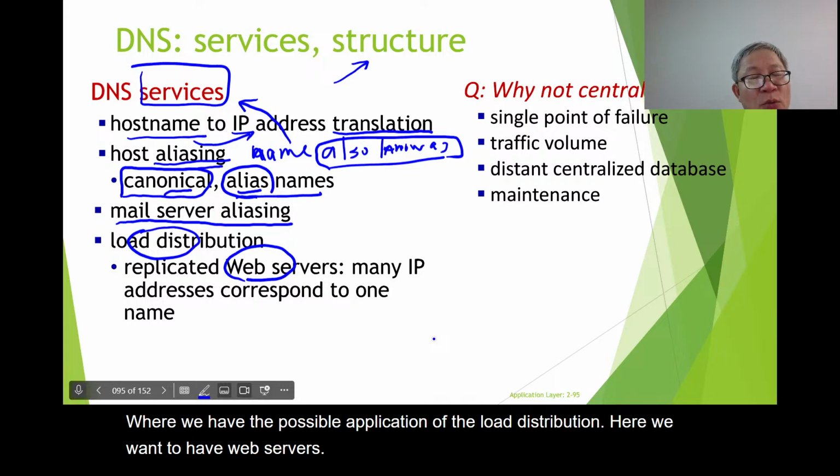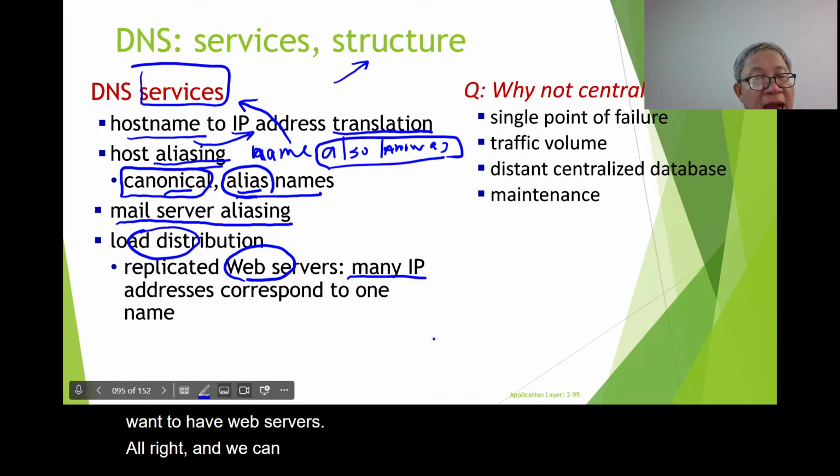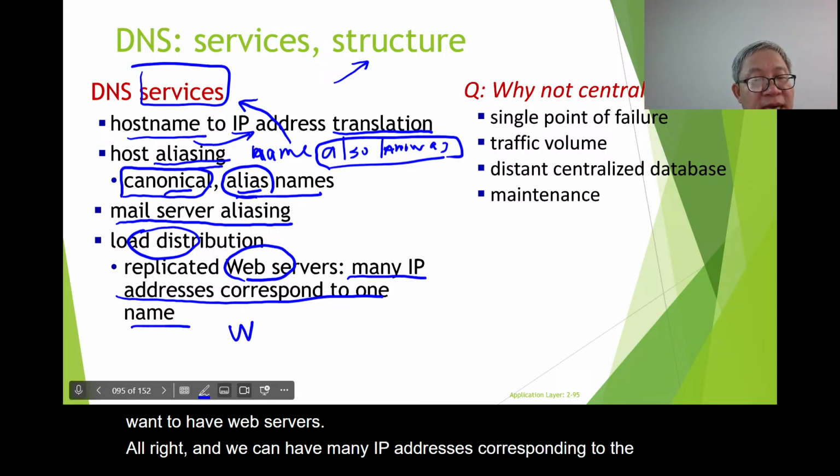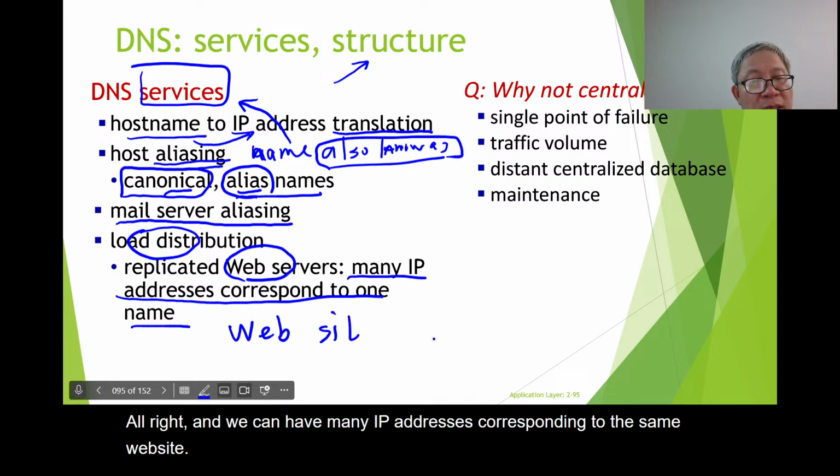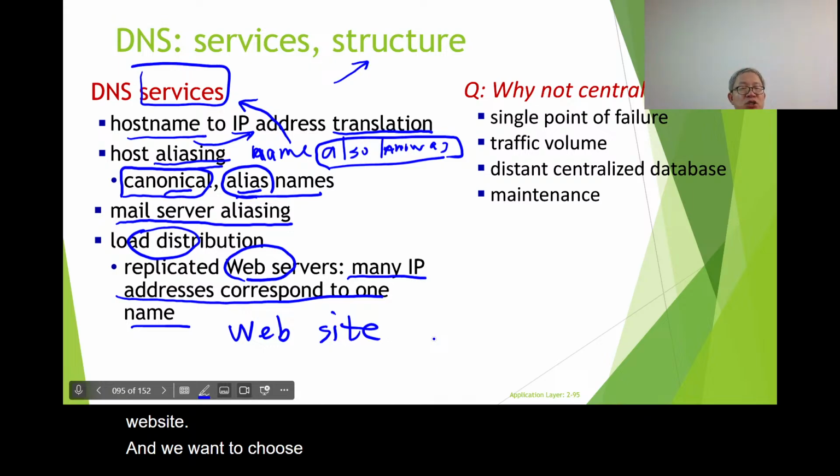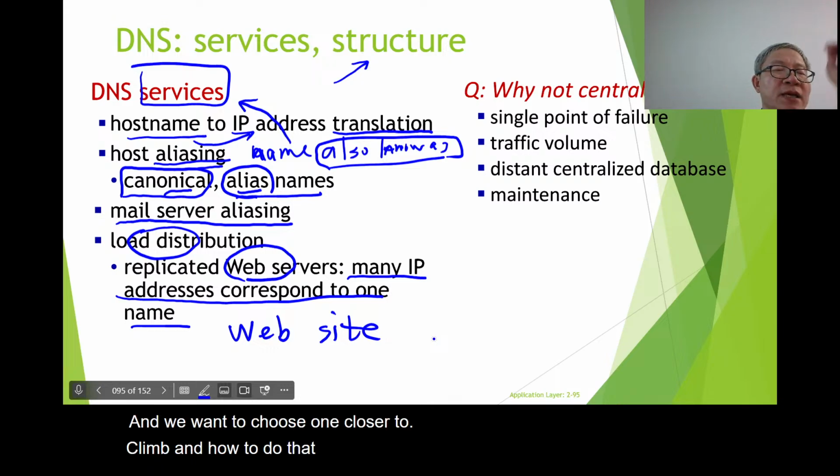We can have many IP addresses corresponding to the same website, and we want to choose one closer to the client. And how to do that? So this is a service we call load distribution.